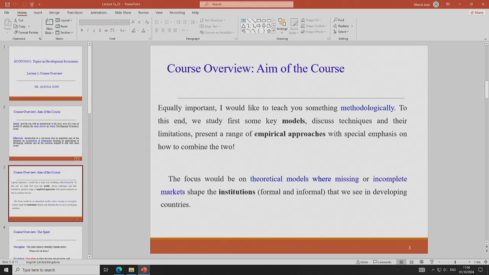You might find it not extremely interesting, but my advice is just bear with me, because it's like a necessary pain that we have to go through in order to appreciate some more complicated things later on. So the first couple of weeks will be mainly devoted to studying some theoretical models with missing or incomplete markets.